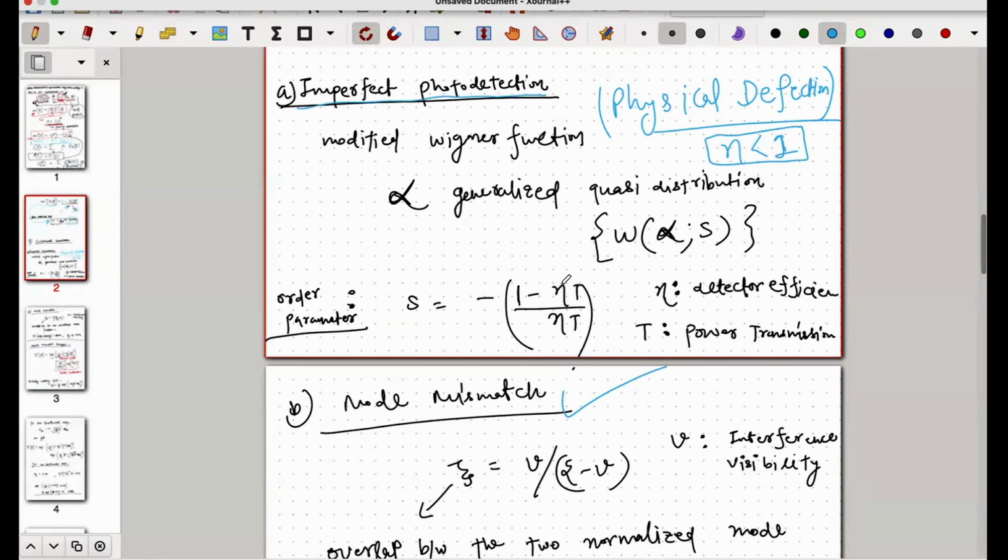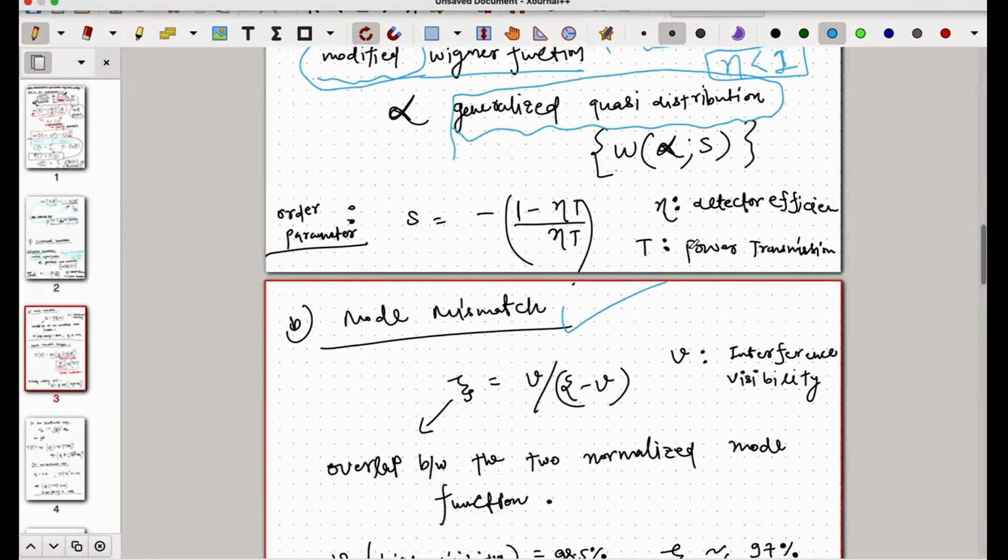So till now, the theory that we have been discussing was for a Wigner function, but as this photo detection will be imperfect, we need to modify this Wigner function a little. So we'll get a modified Wigner function, and that modified Wigner function will be proportional to the generalized quasi-distribution function denoted by omega alpha s.